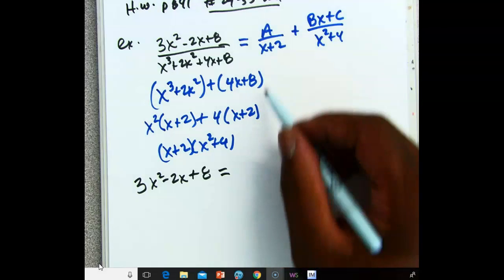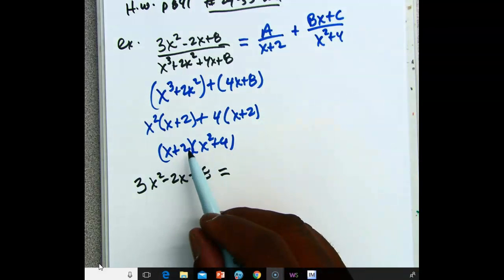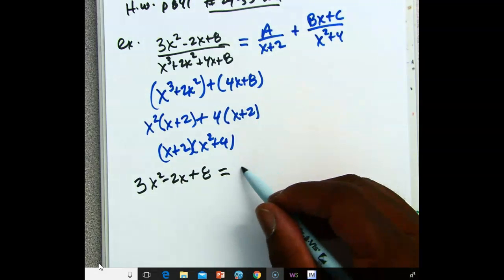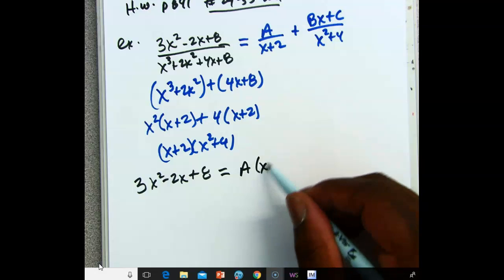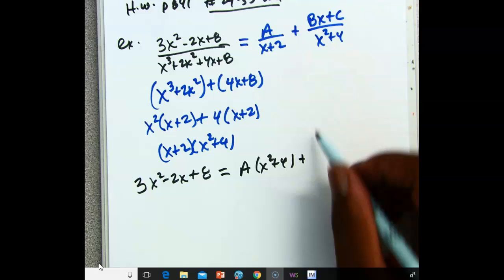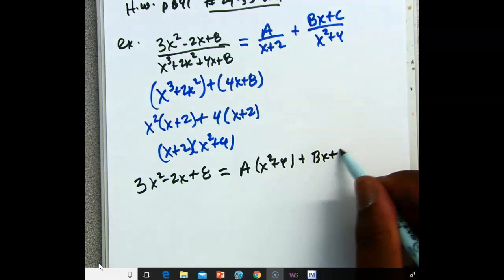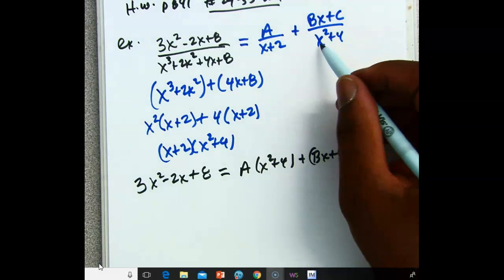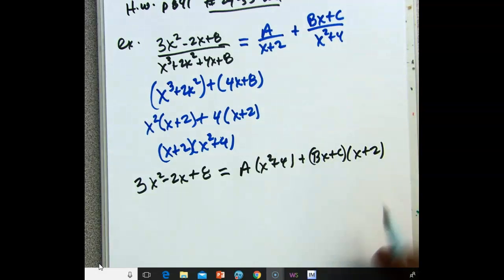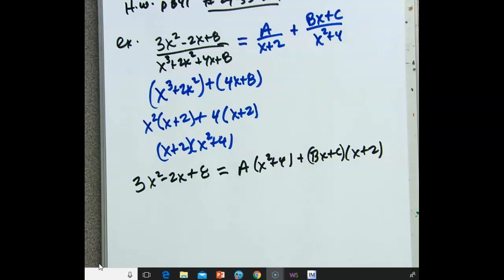So on the right-hand side, we're multiplying by x plus 2 times x squared plus 4. We'll be left with A times x squared plus 4, plus Bx plus C times the x squared plus 4 goes away, and we're just left with the x plus 2. So there I kind of cheated without writing out all of the steps.